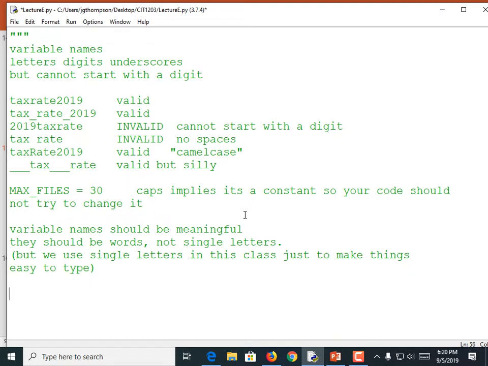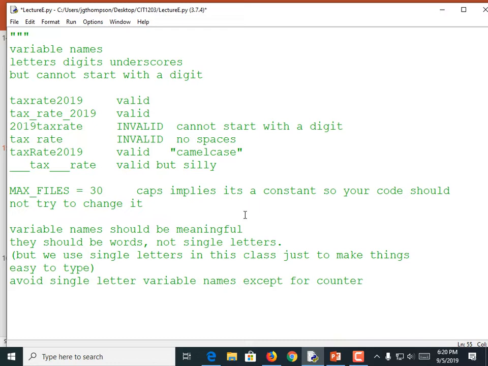So avoid single letter variable names except for counters. If you're going to make a for statement, for I in range 1 to 20, there's no reason to make that I letter a really long variable name.